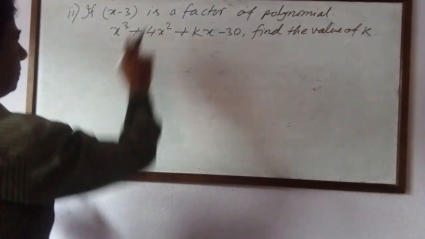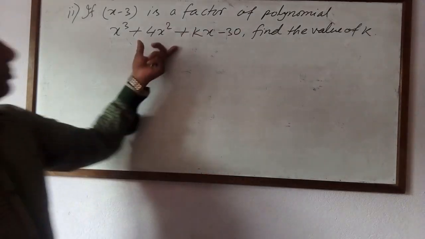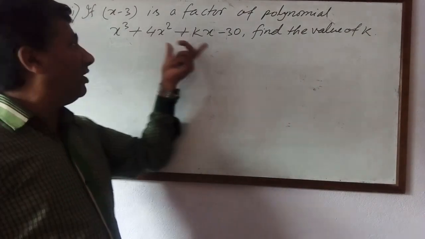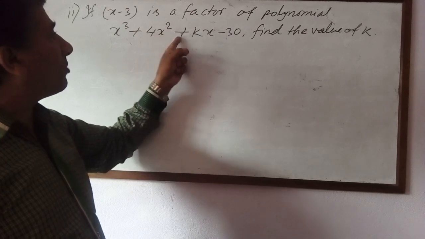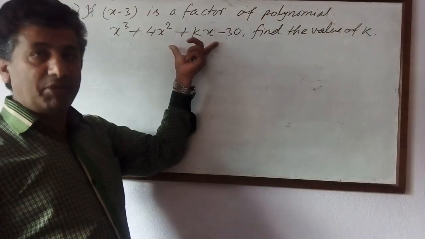In this question the name of the polynomial has not been given, only the polynomial x cube plus 4x square plus kx minus 30. This is the given polynomial.